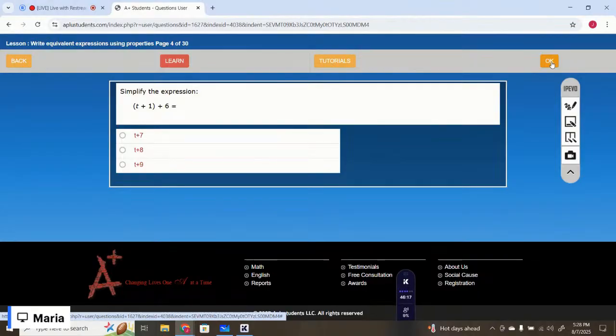Simplify the expression. That is T plus 7. Option number 1 is the correct option.